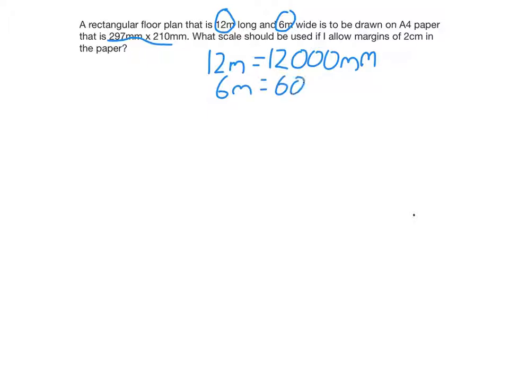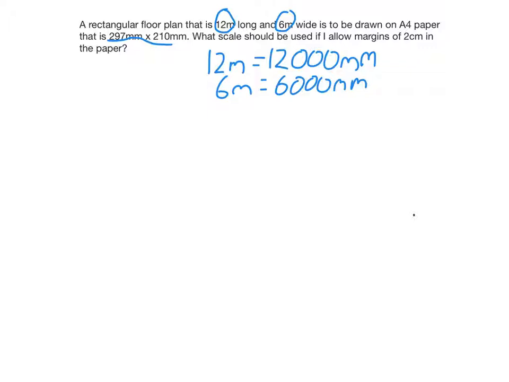The A4 paper is in millimeters, so I have to change the measurements of the actual object, the floor, into millimeters. There are 1,000 millimeters in a meter. So 12 meters is 12,000 millimeters, 6 meters is 6,000 millimeters. So that's step 1 done.